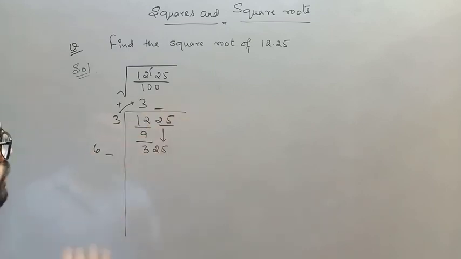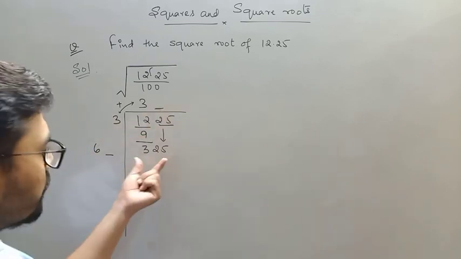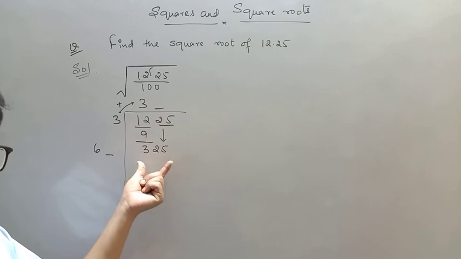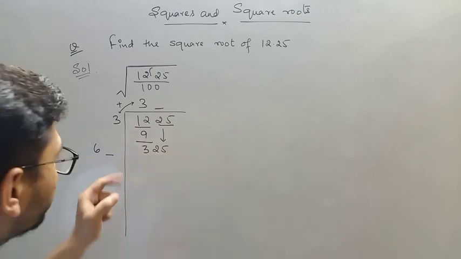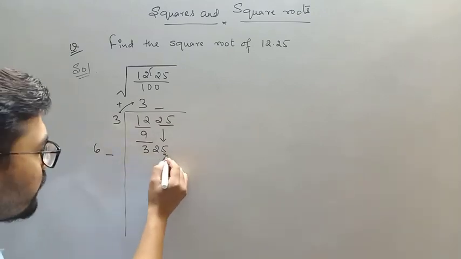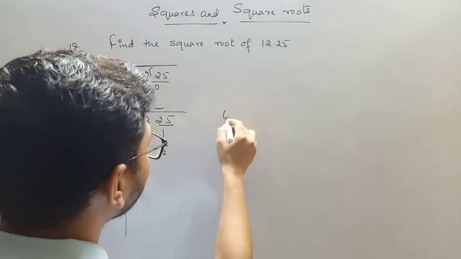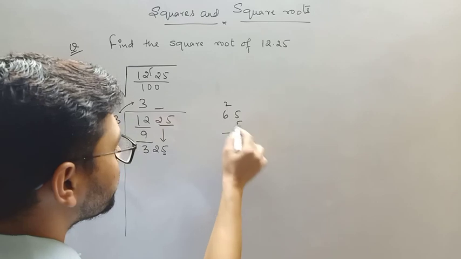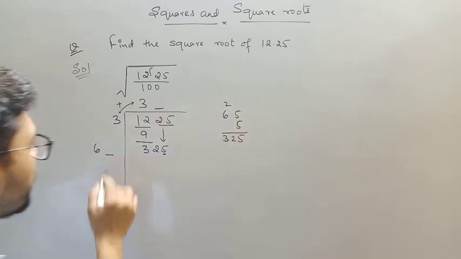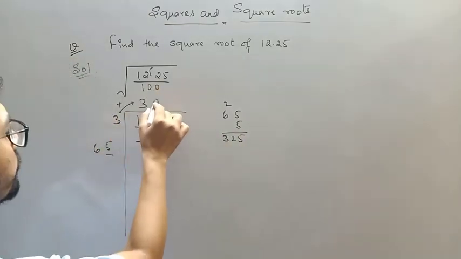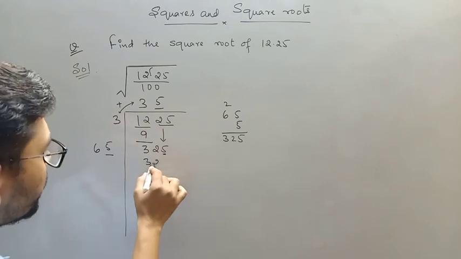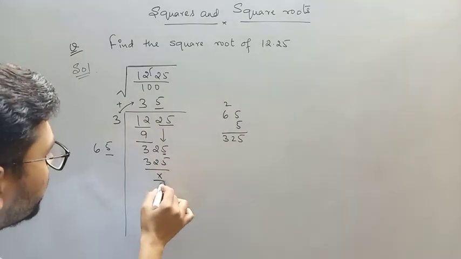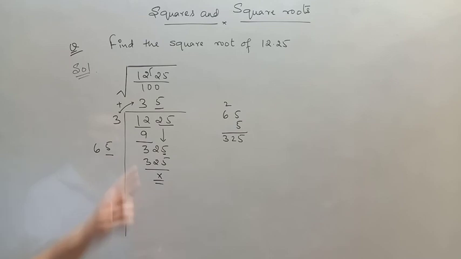Now choose a number closer to 325, less than or equal to 325. So I can choose 5. 5 5s are 25, 5 6s are 30 and 2, 32. So 65 5s are 325. That means 35 is the square root of 1225.